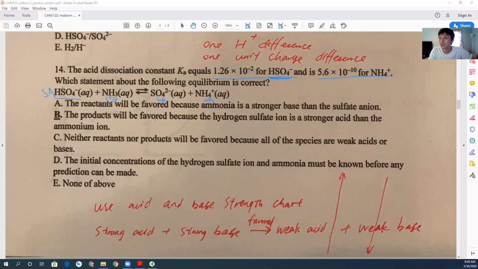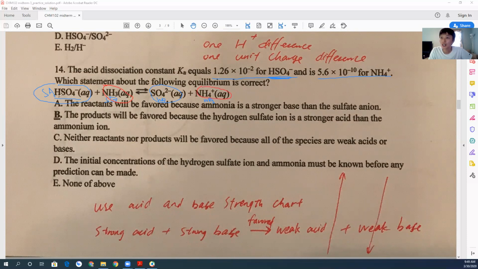If you try to identify the pairs, hydrogen sulfate and sulfate is one pair, and let me change the color here, this will be the other pair.